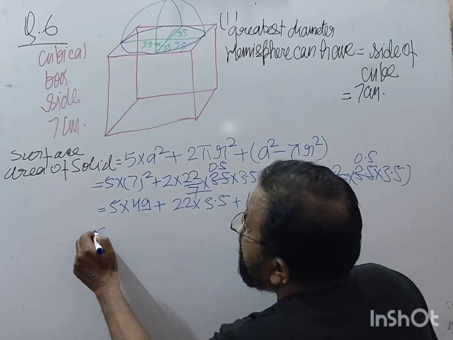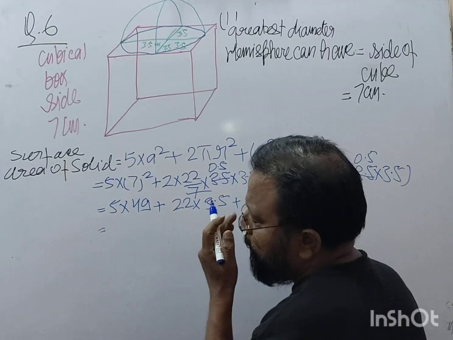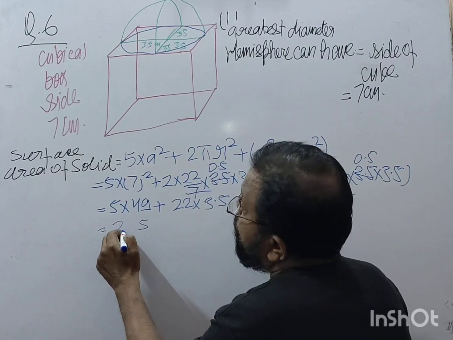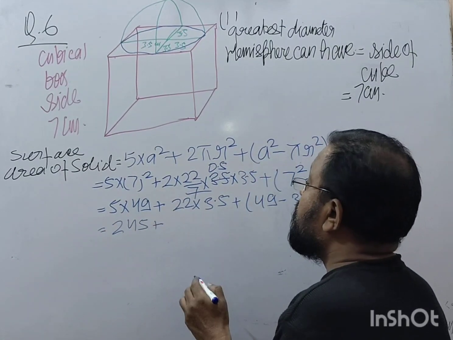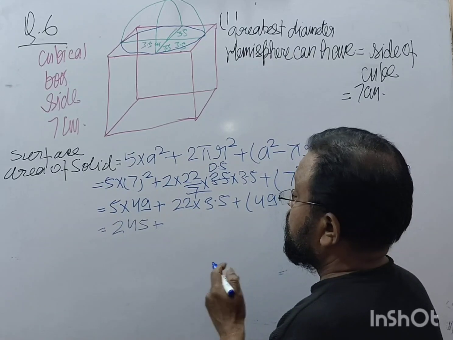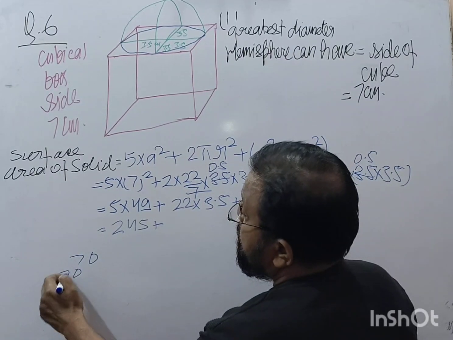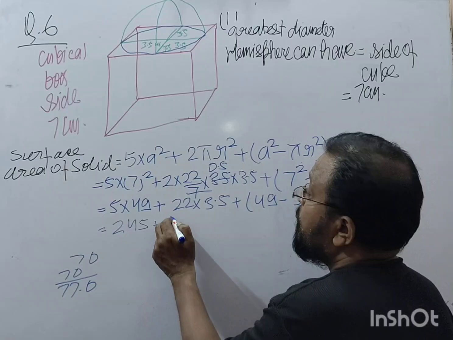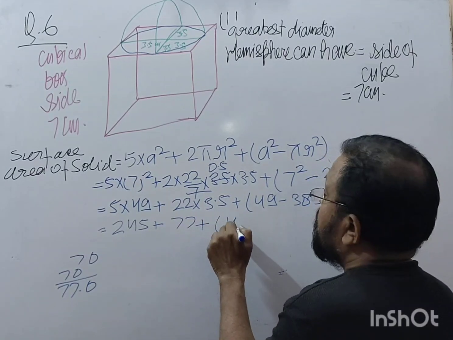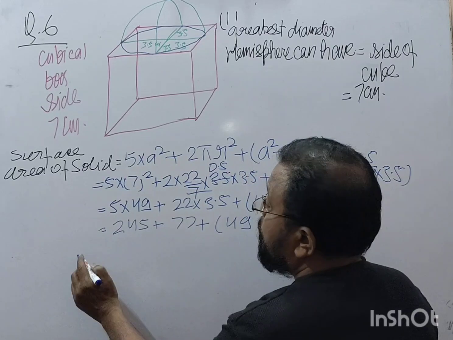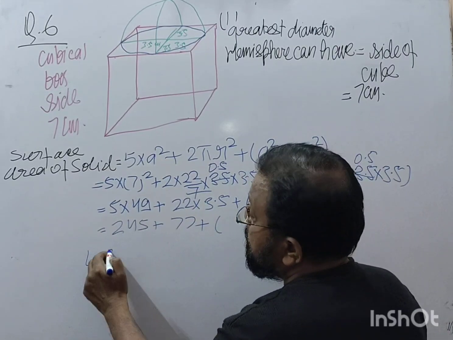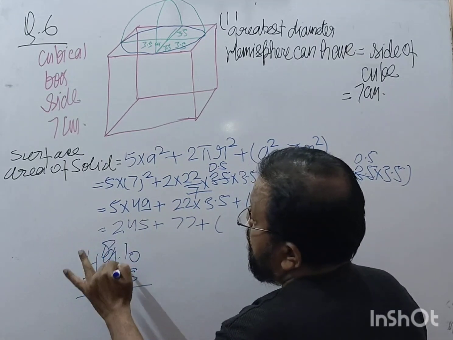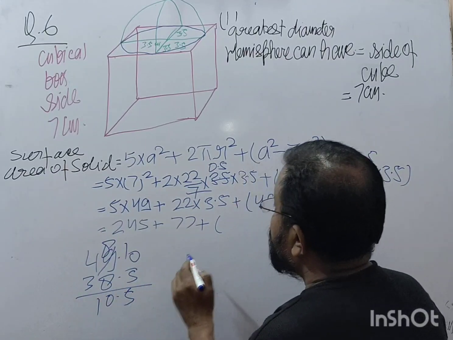Now, what will be? 245. 5 times 9 times 5 becomes 45. 245 plus this is how much? 70 and 70, so 77. 77 plus 49 minus 38.5, 10.5.